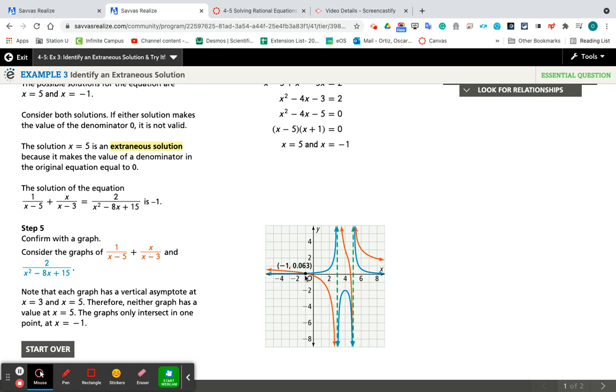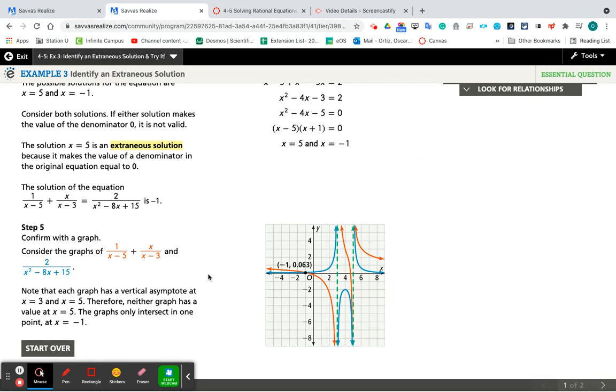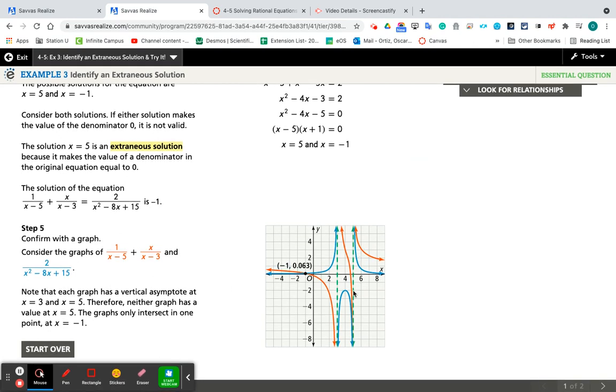So that's proving that is the only solution. They do not intersect when x equals 5, because that is an excluded value for both functions, the one on the left and the one on the right. So it's not going to be a solution.